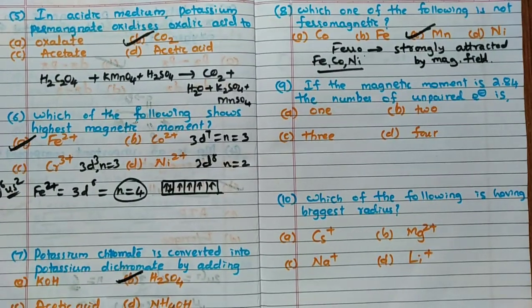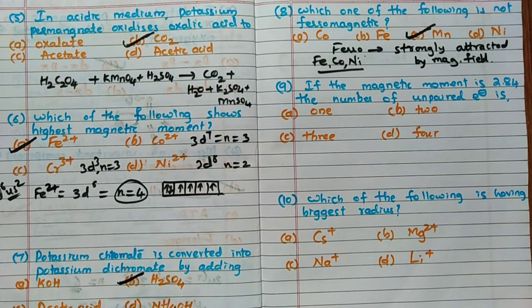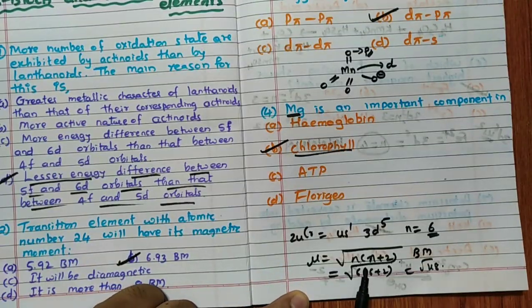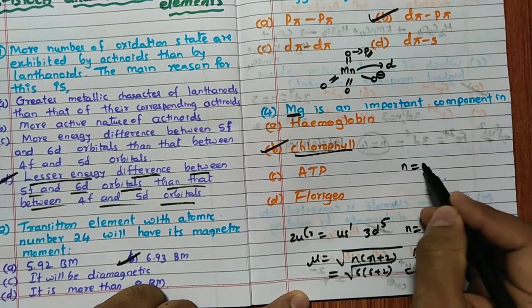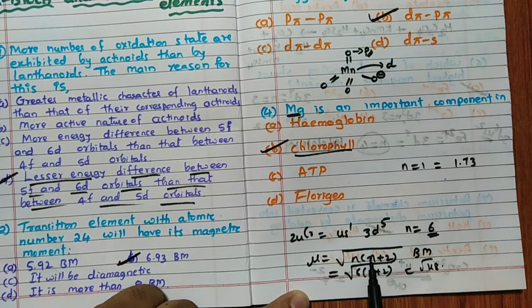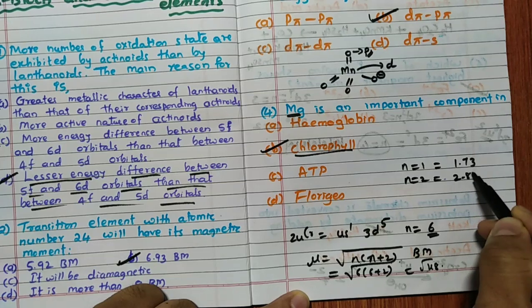Then, if the magnetic moment is 2.84, what is the number of unpaired electrons? Very important, very simple. By using this formula, if n is equal to 1, you will get 1.73, calculating root of 1 times 3, root 3, which is 1.73. If n is equal to 2, you will get 2.84.